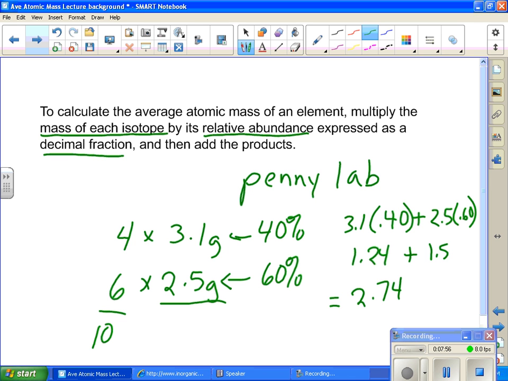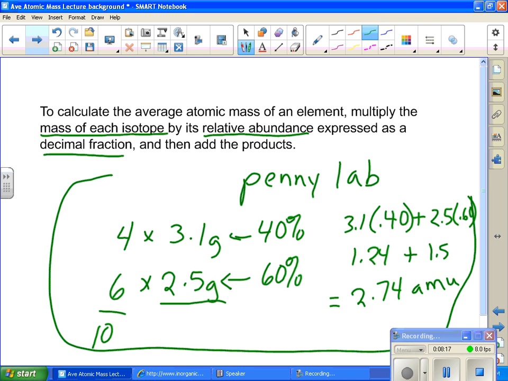Now that would be the average atomic mass of 1 penny. So let's say we're talking about pennium elements here, we would give that units of AMU. Okay, so that's how we would get the average atomic mass of this particular set of pennies.